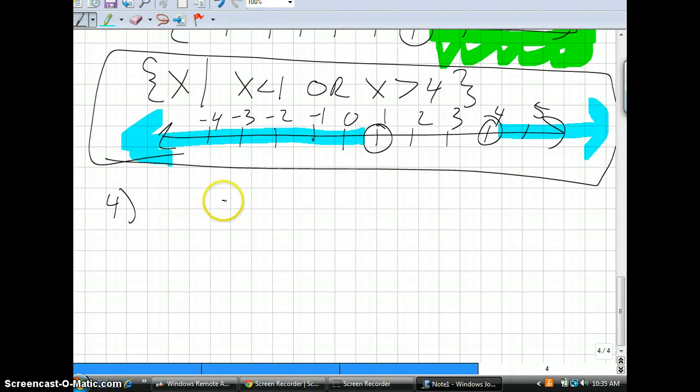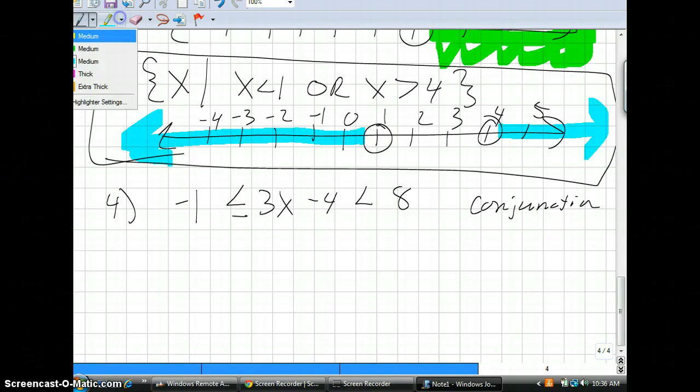I have 3x minus 4 is greater than or equal to negative 1 and is less than 8. So this is another example of a conjunction, because when I read it, I have to say and, because we always read from where the variable is.